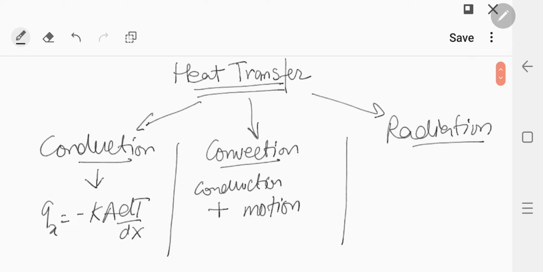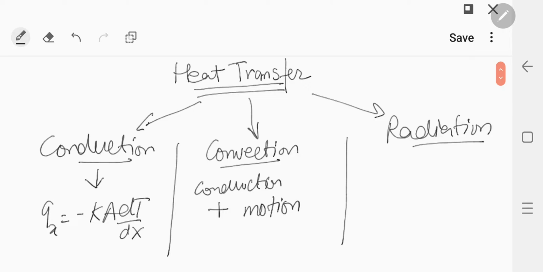So we can say that convection occurs wherever there is fluid motion. And then finally, what is radiation? Radiation is heat transfer due to electromagnetic wave propagation, either in a vacuum or in a medium. Like the rays we are getting from the sun, that is the radiation process.